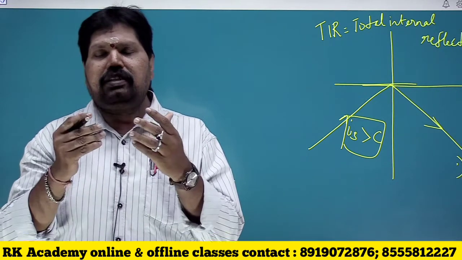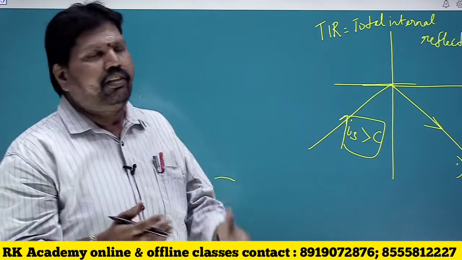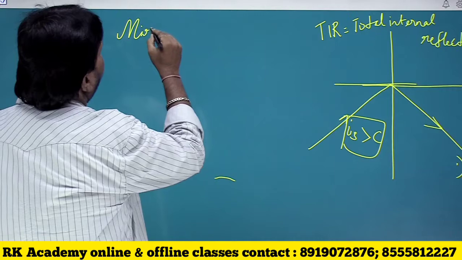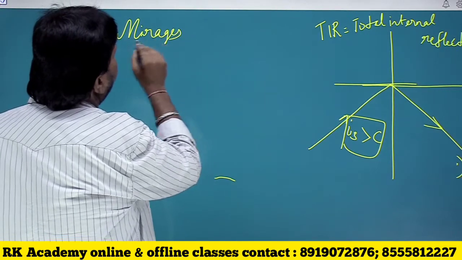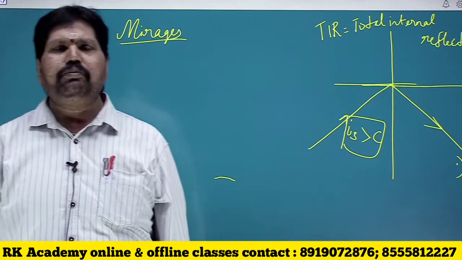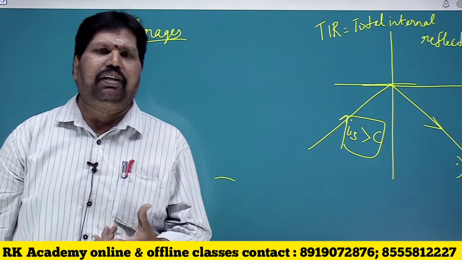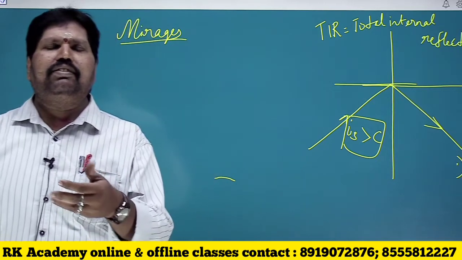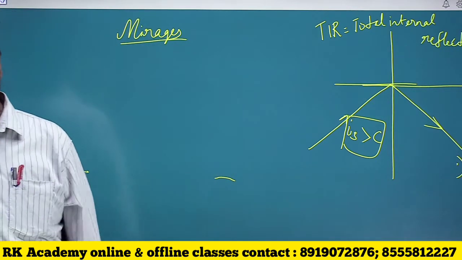So it's just an optical illusion. That optical illusion is known as mirage. Mirages are formed due to total internal reflection. Sometimes you can see the image of a tree or a building at far distances as you are moving on a fine sunny day.